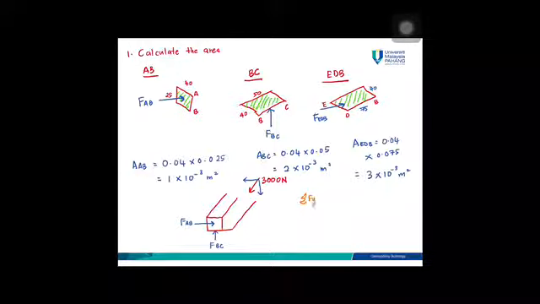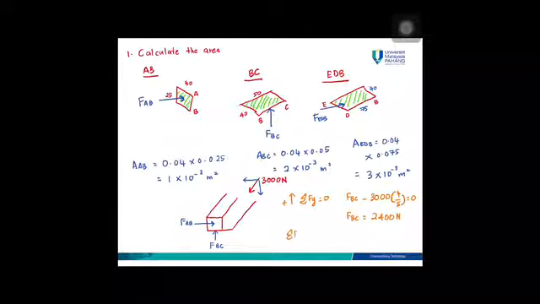Summation Fy is equal to 0, upward is positive, then you have FBC minus 3000 times 4/5 is equal to 0. Then FBC is equal to 2400 Newton.